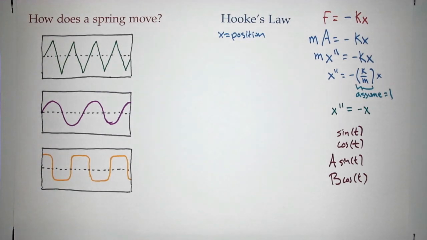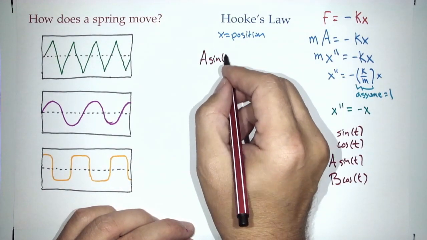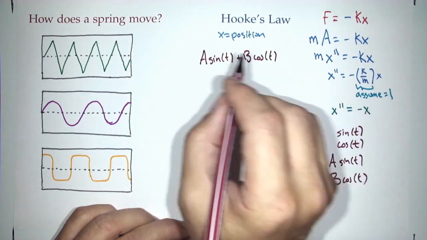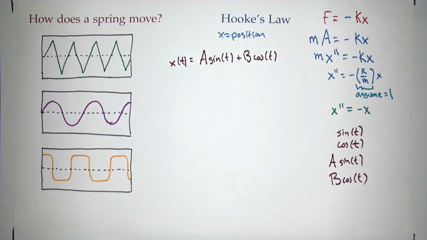No. You can add them together: a sine plus b cosine. Okay, you can check. It's easy. In some sense, it's easy to check an answer, but it's hard to get an answer.